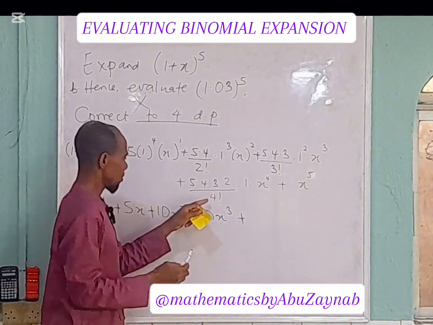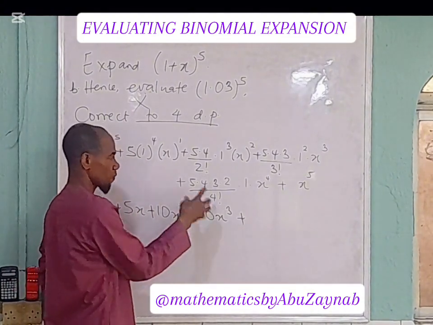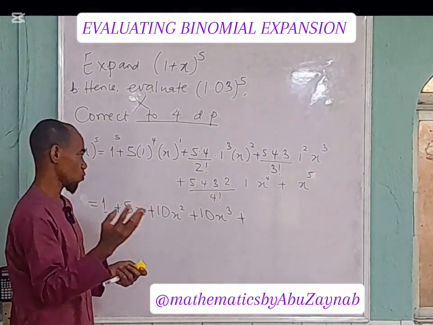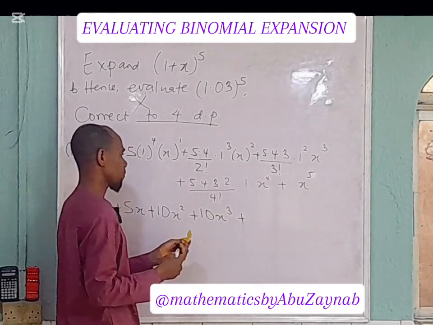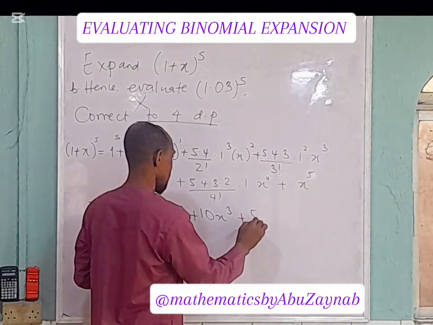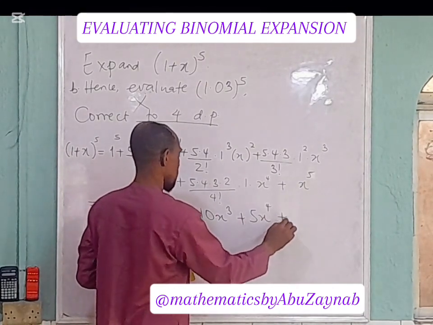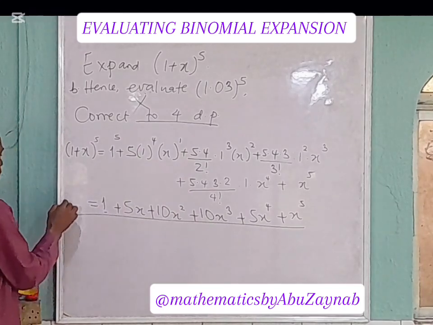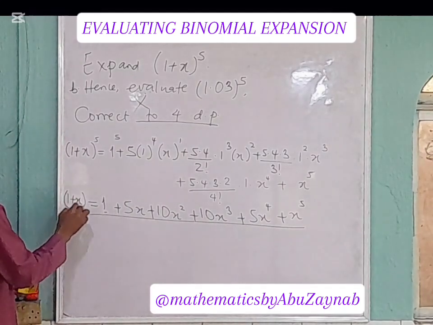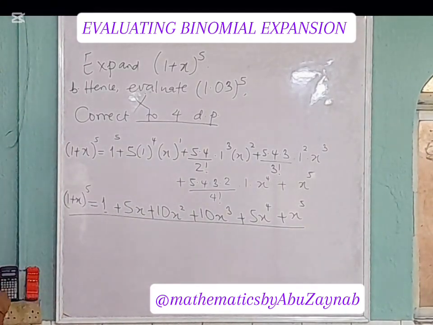Then plus the next one, 4 factorial is 4 times 3 times 2 times 1, which cancels out the numerator 4, 3, 2, 1. We are left with just 5, so you have 5x power 4. And of course, lastly, x power 5. So this is the expansion for (1 + x) to the power of 5, using the binomial expansion formula.